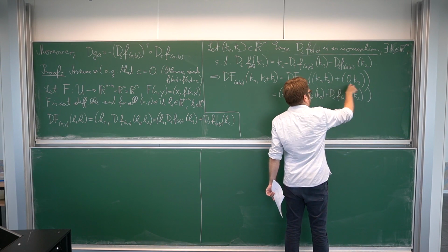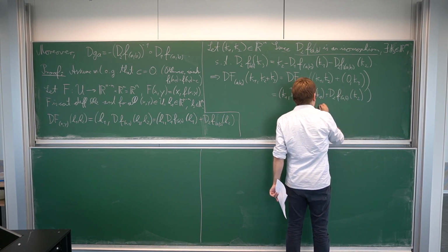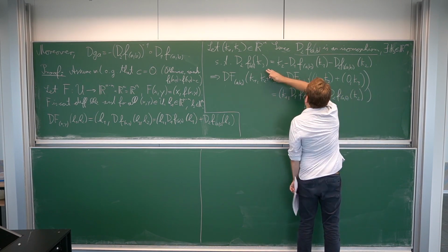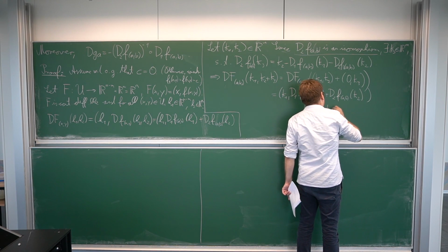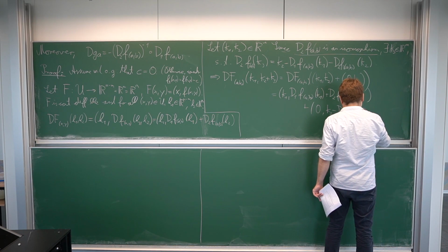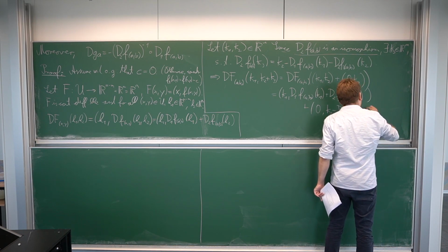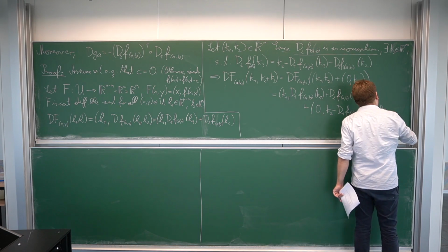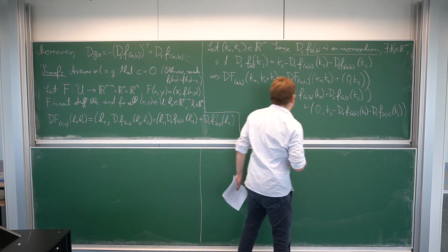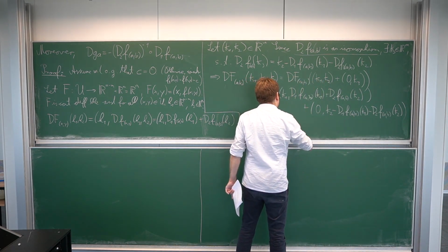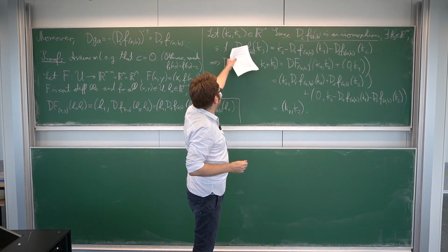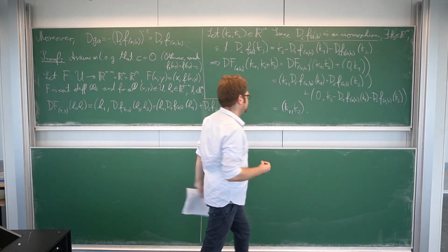Plus, in the first component just 0, and in the second component we get D2f of this, and by our choice of k3 we get k2 minus D1f(a, b) of k1 minus D2f(a, b) of k2. If you take a look at this, it is built in such a way that this is precisely (k1, k2).